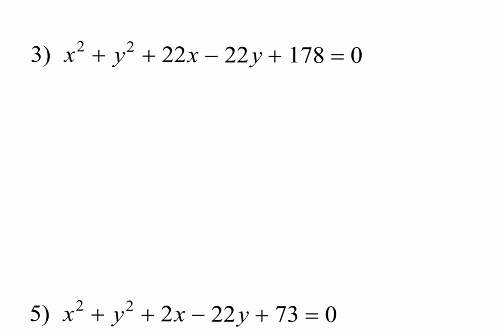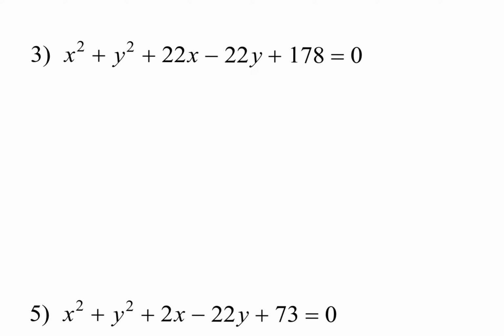So we've got x squared plus y squared plus 22x minus 22y plus 178 equals 0. Again, we'll do this one together. So step 1, we put our x's together.